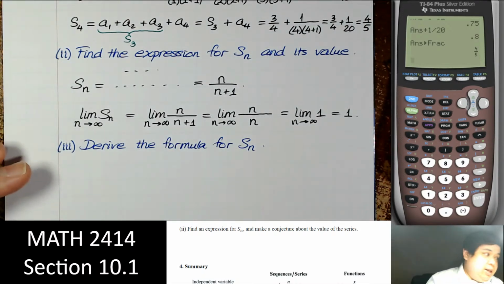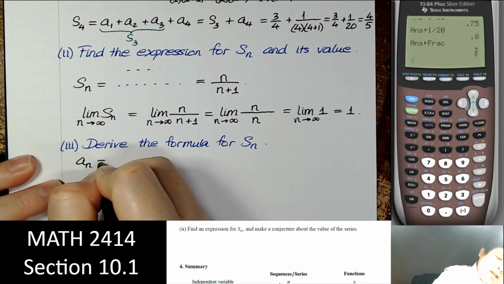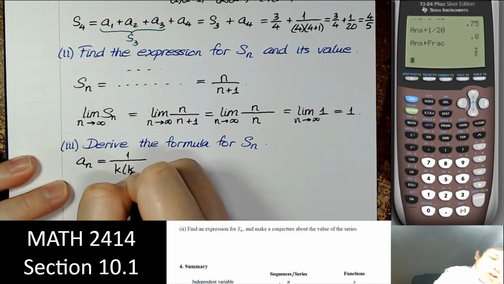Right, now we have a sub k is equal to 1 over k times k plus 1.